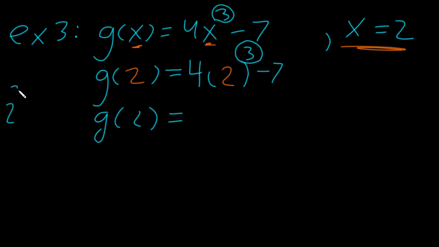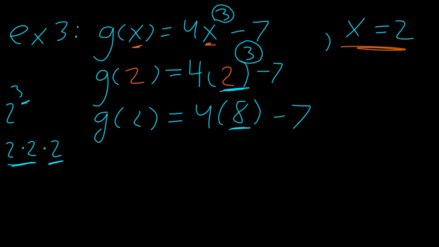What does 2 to the third power actually mean? It means that we have 2 times 2 times 2. We see that 2 is there a total of 3 times. And of course 2 times 2 is 4, and 4 times 2 will give us 8. And so we see that 2 cubed is actually 8.